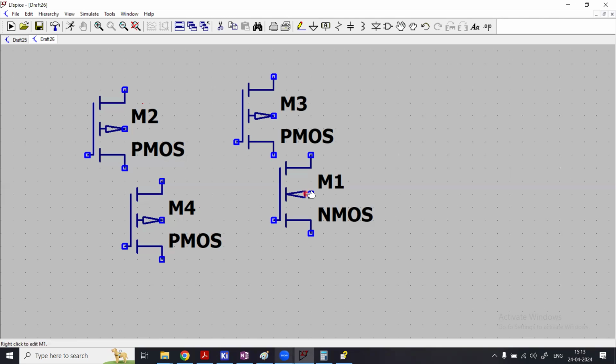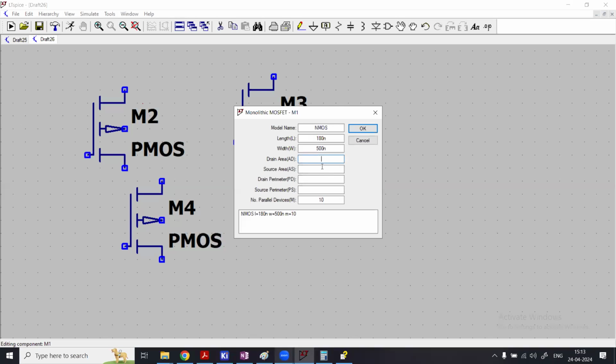So their width would be 500 nanometer multiplied by 10, so it would be like 5000 nanometer, which is 5 micrometer for the given channel length. Now the question is where to get the values for AD, AS, PD, and PS.